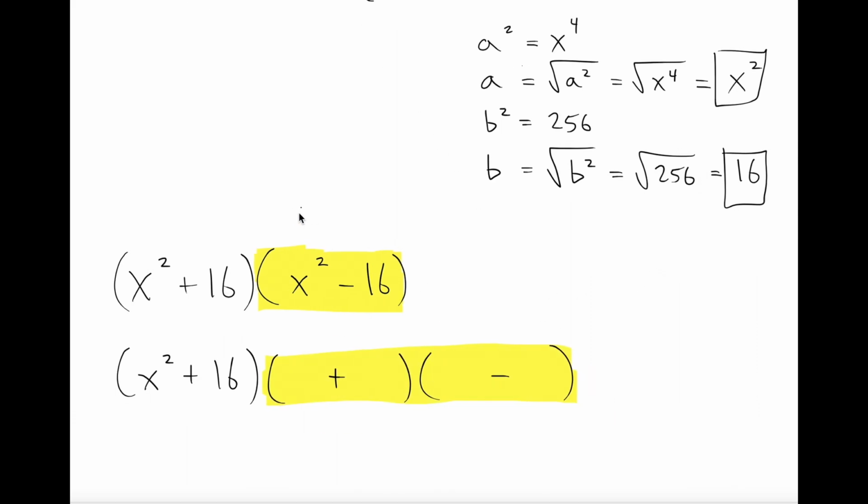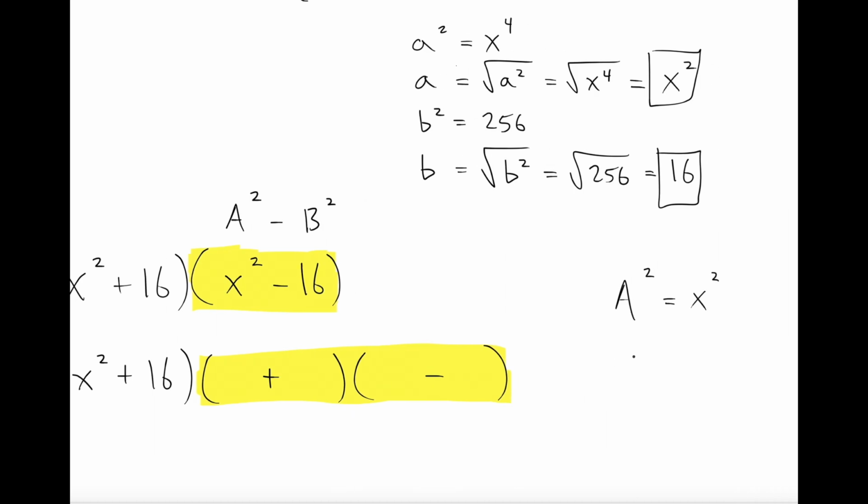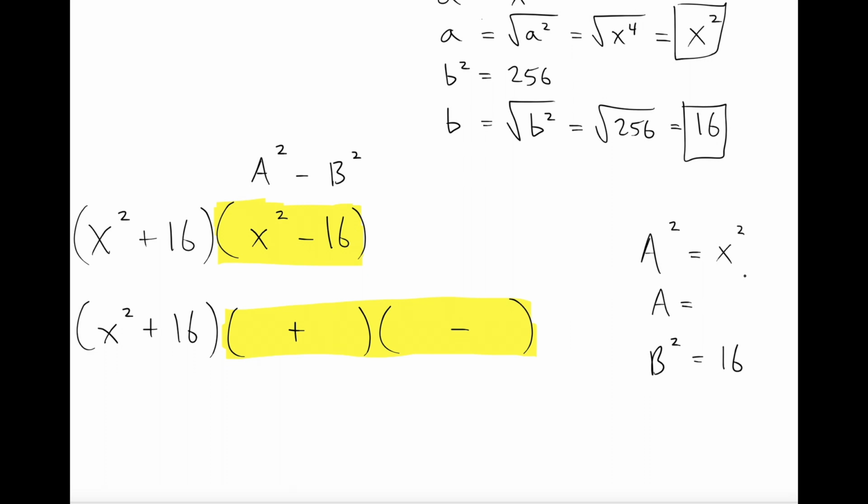So in this case, if we consider this part to be a squared and this part is b squared, then on the side I'll say that my a squared is now x squared and my b squared is the 16. I'll find the square root of the x squared, which is going to be just x, and then find the square root of the 16.